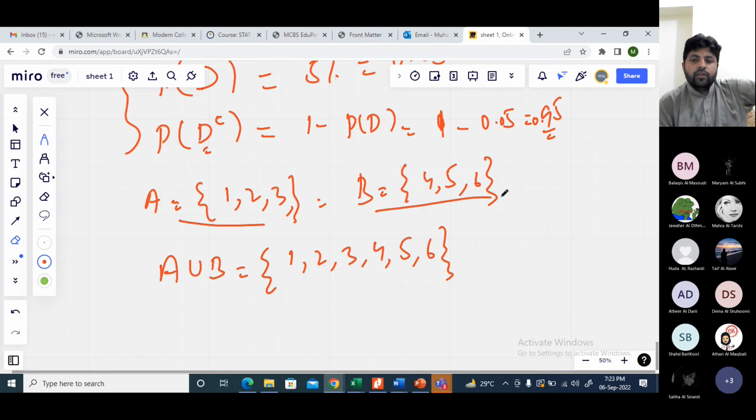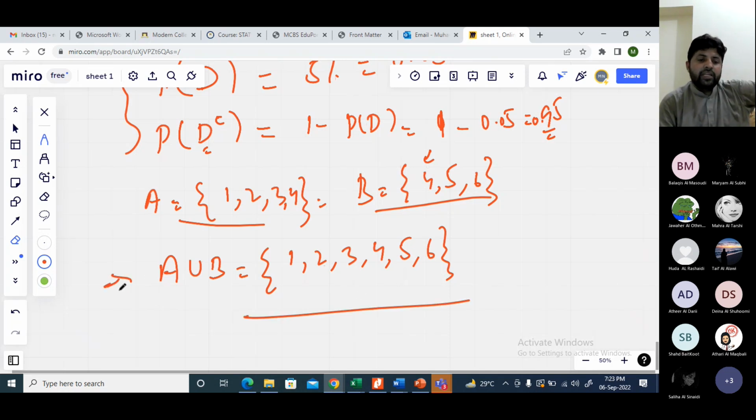If there is any common element, you just need to write it only once. For example, if B has 4, 5, 6 and A has 1, 2, 3, 4, you may not write this 4 again, just 5, 6. Repetition is not allowed in A union B. You can write elements from set A and from set B, but repetition is not allowed.